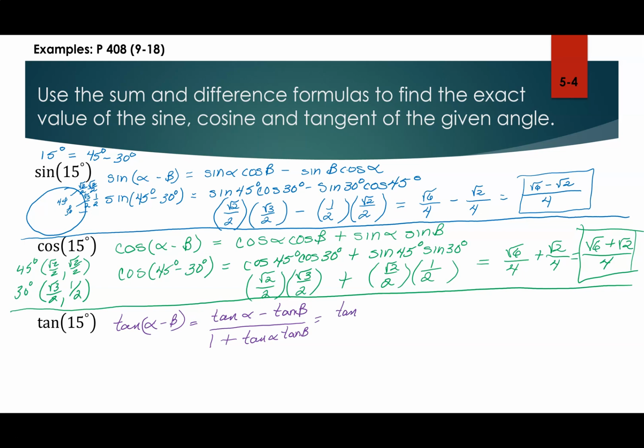So plugging in what I know, tangent of 45, because that was alpha, minus tangent of 30, and then 1 plus tangent of 45 times tangent of 30.